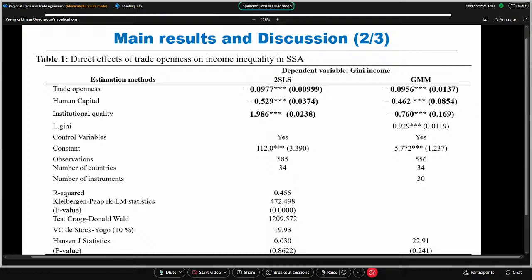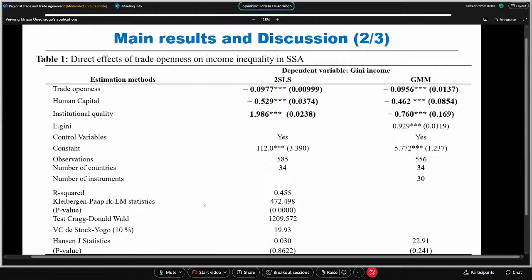And when we disaggregate, we see that both exports and imports reduce income inequality, with the reduction effect of exports more important than that of imports. And we also see that trade openness reduces income inequality through institutional quality, human capital, and economic development.